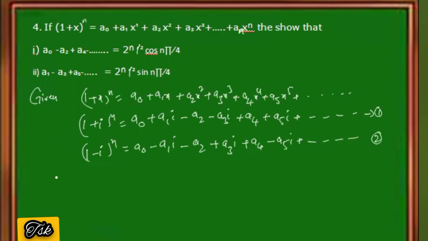When you add these two, (1 plus i) whole to the power of n plus (1 minus i) whole to the power of n is equal to 2 times a0 minus 2 times a2 plus 2 times a4, and so on.